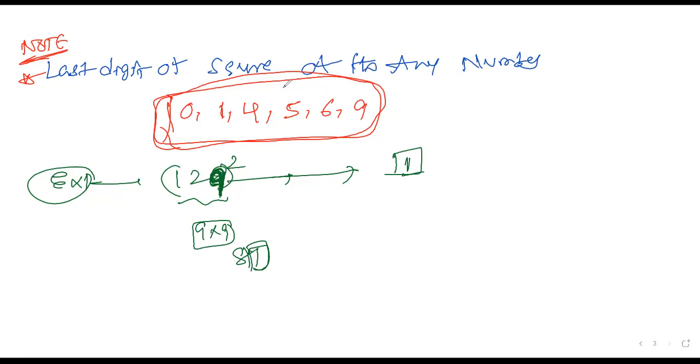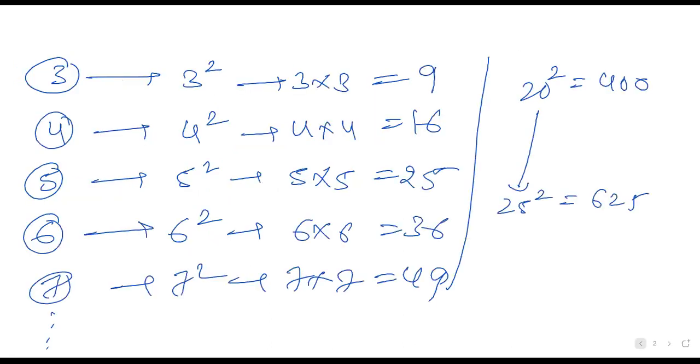So this possibility, the last digit of the square of numbers, should come into picture. These numbers may be used for perfect square cases. Let me explain once again.